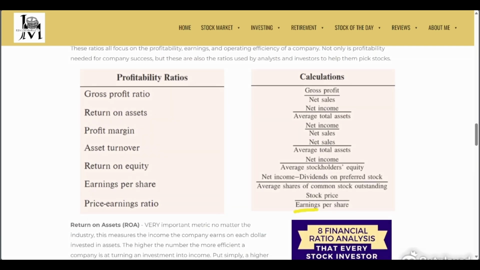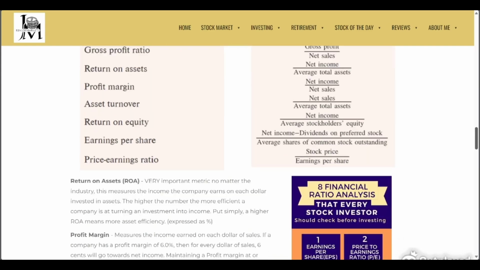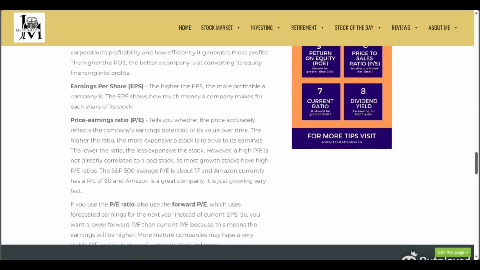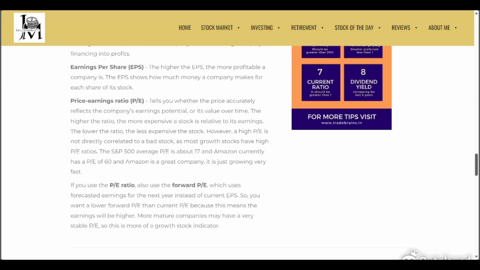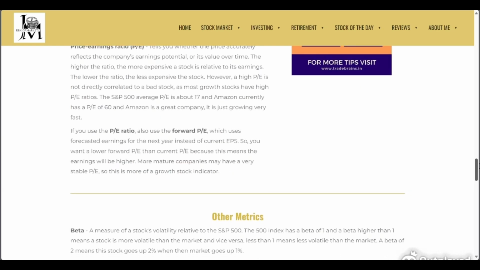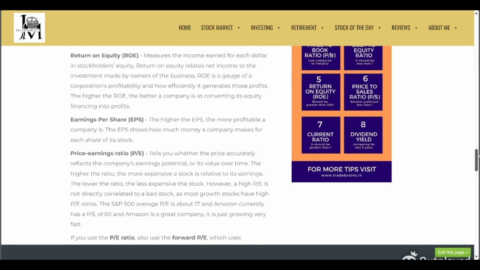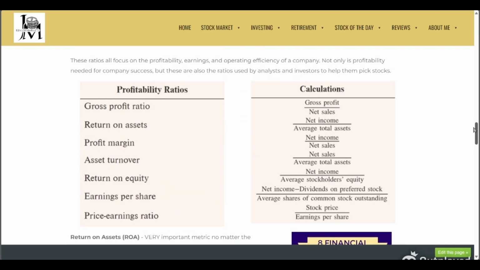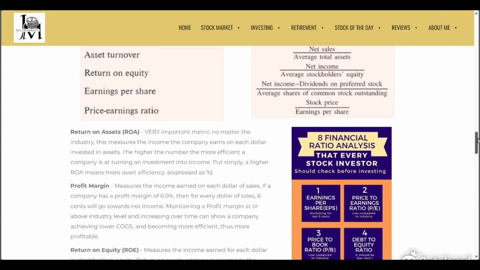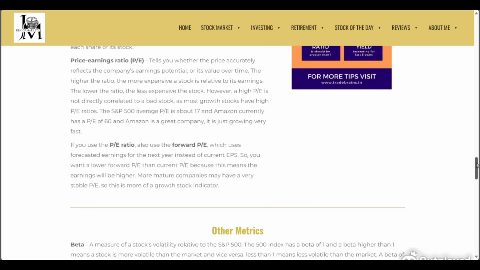And then if you want to find the forward PE, you take the stock price and divide it by the forward-looking earnings per share, so the expected earnings. You want to make sure that the forward PE is lower than the current PE, because that means that the earnings are expected to grow for the company going forward. We'll look more into this when we hop over to Schwab's website and look at this more in depth.